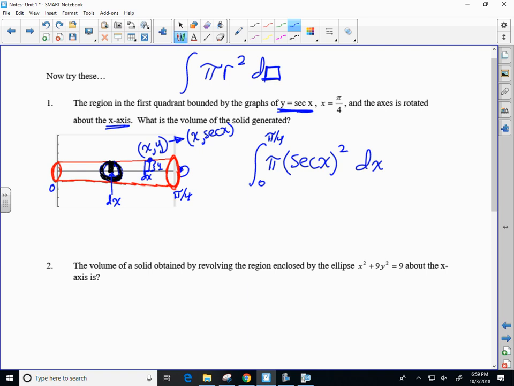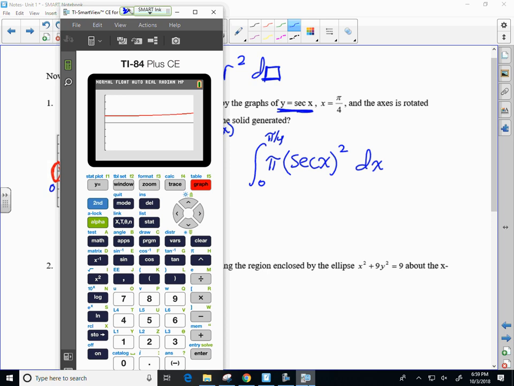This one you could figure out without a calculator, because secant squared has a known antiderivative. The problem is, if it's not known to you, it's not overly helpful. So, to the calculator we go. Pi times secant, so 1 over cosine x.